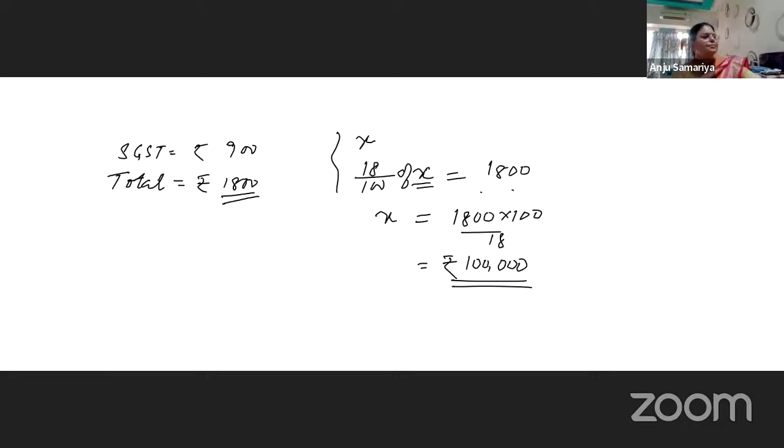So X is equal to 10,000 rupees. Please do question number 14. 12 complete हो गया.